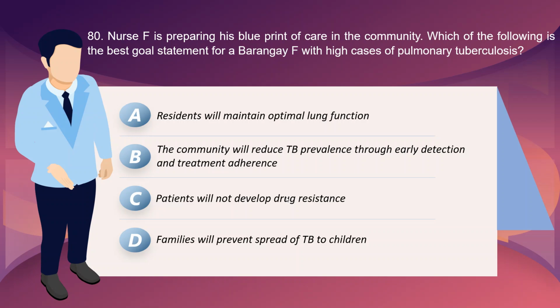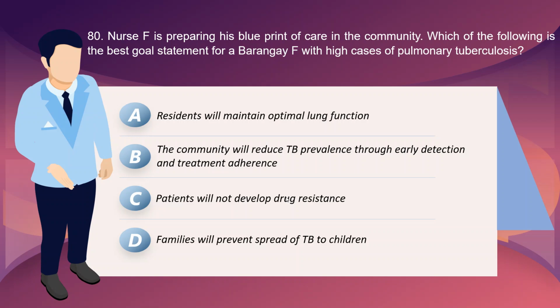Of course, from the question, best goal. So if you're talking about the best goal, it should be letter B. The community will reduce TB prevalence through early detection and treatment adherence, because according to community health nursing, our goal is to focus on the population, not just the individual. This option is a reflection of a population-based outcome that is consistent with Famorca's book and emphasizes community-centered care.